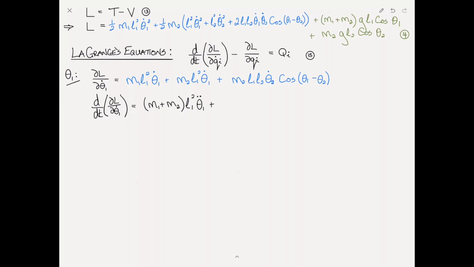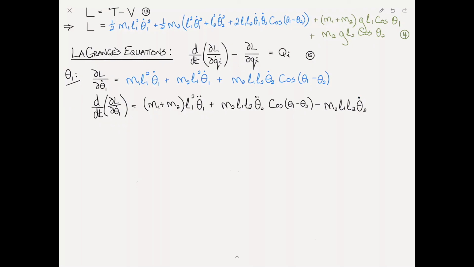This is plus m2 L1 L2, so theta 2 double dot, times the rest of it, which is cosine of theta 1 minus theta 2, and then plus, actually there's going to be a minus, m2 L1 L2 theta 2 single dot, okay?